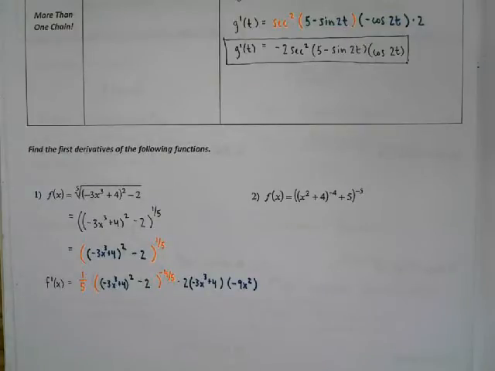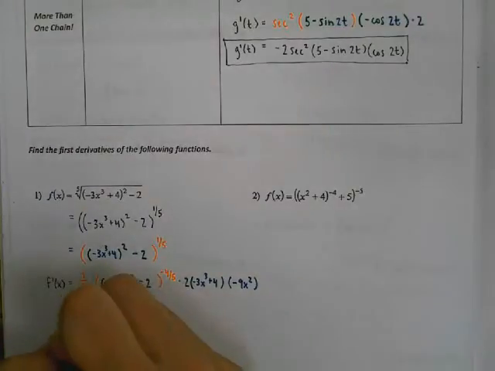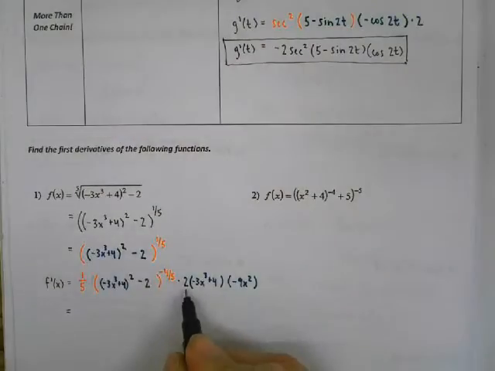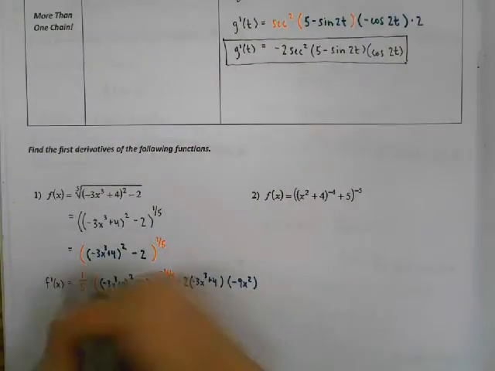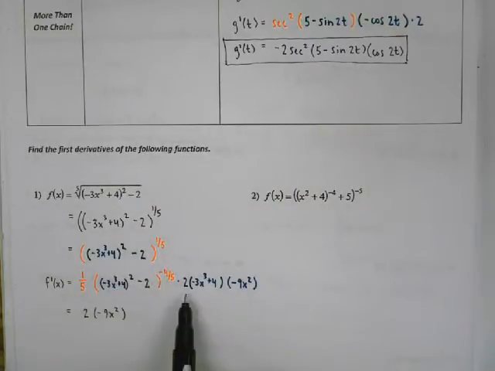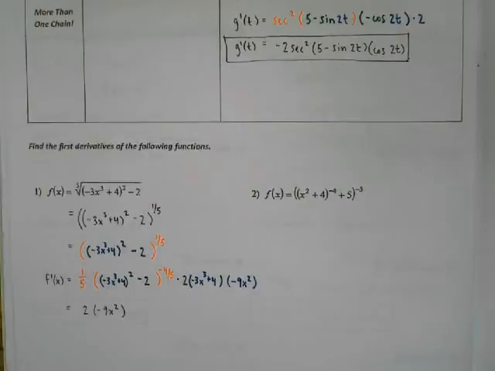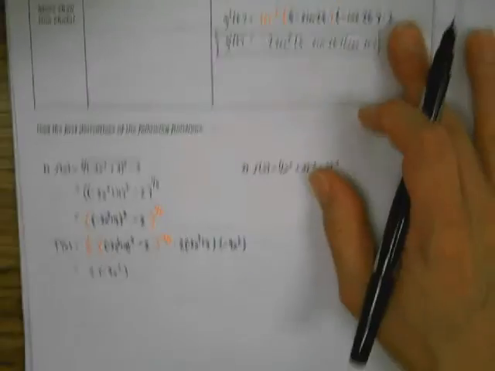So I'm going to do a little bit of reworking here. I'm going to take my 2 and my negative 9x squared, and I'm going to keep those in the numerator of this fraction that I'm going to create.